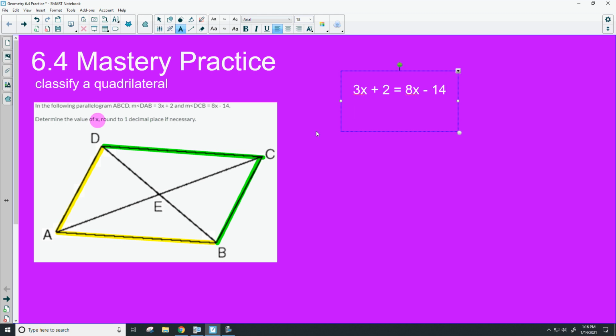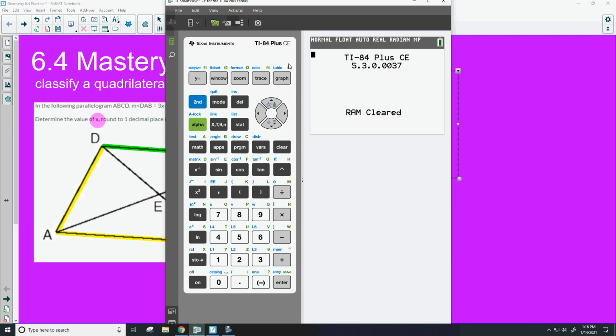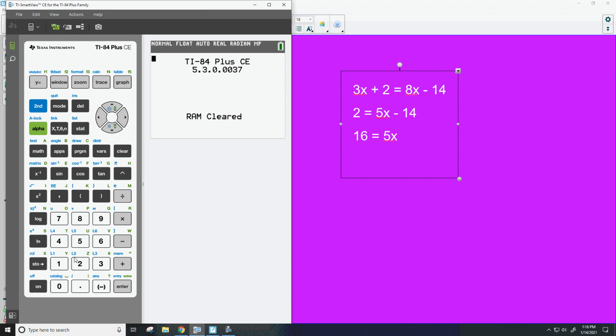Subtract 3x on both sides. So this side will have a 2. And subtract 3x from 8x, I get 5x minus 14. Add 14 to both sides. 14 plus 2 is 16 equals 5x. And then I'm going to divide by 5. 16 divided by 5 is 3.2.